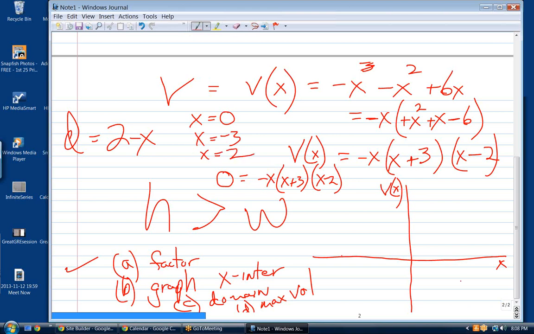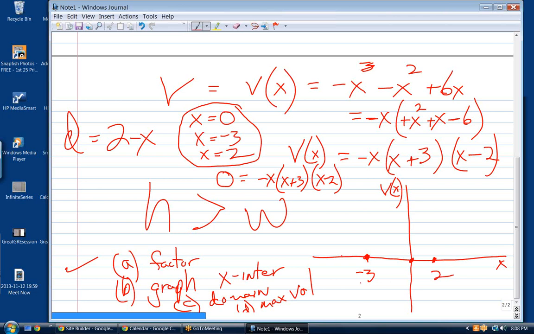Okay. So if I go on my x-axis here and I mark those 3 points, one of them is 0, and that's x being equal to 0, not y. But it does tell me that when x is equal to 0, y is equal to 0. I have another one at minus 3, and I have another one at 2.